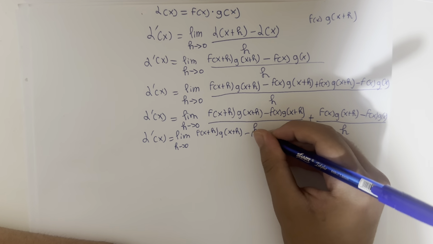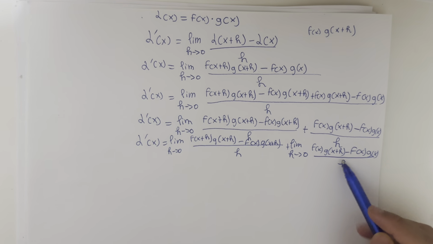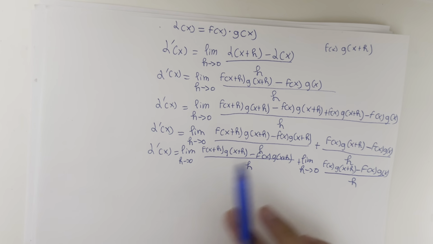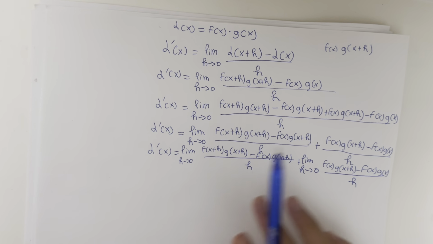Now what we're going to do is factor out g of x plus h in the left hand side and factor out f of x in the right hand side. This is the reason we added and subtracted this in the first place. So let's go ahead and do just that. I'm going to move to the left right now so that I have more space.